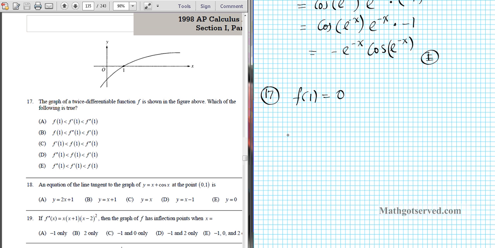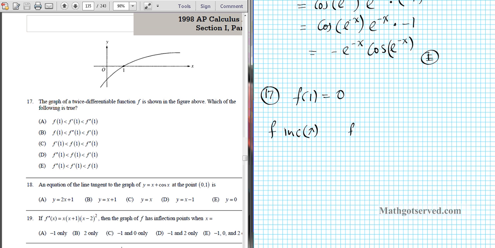Now, before I tell you the behavior of f prime and f double prime, let's do a real quick review on the relationship between f and f prime and then f and f double prime. If f is increasing, going up, what does that tell us about f prime? If f is increasing, it has a positive slope.